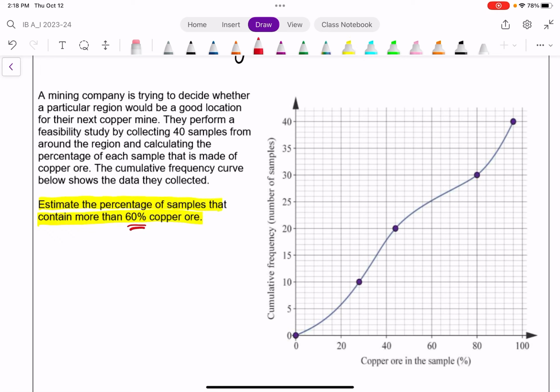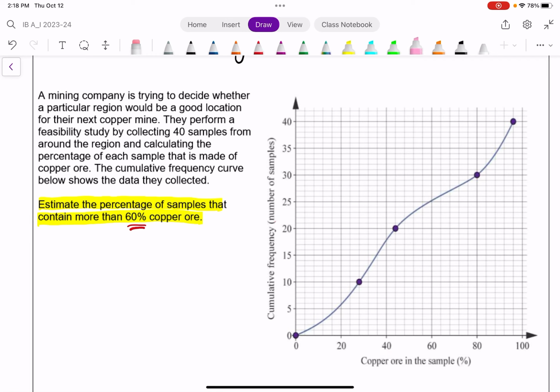All right, so if we look here, if I just pick a point, maybe this point right here, if I look at the scale here, that looks like 42%. Nope, 44%. So we'll say that point represents that 20 of the samples have at most 44% copper.